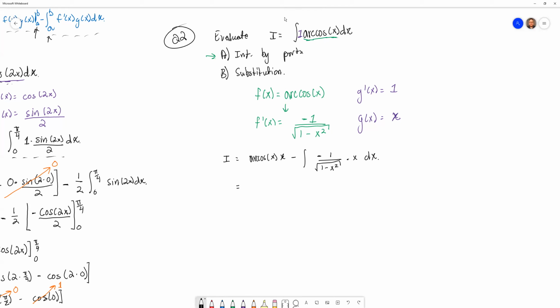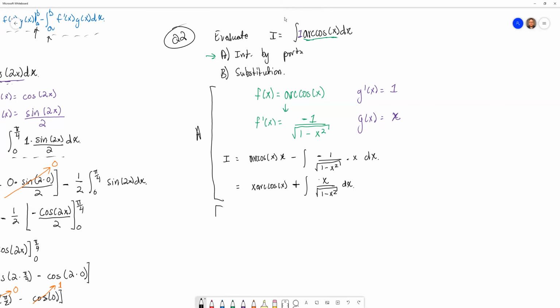So this will be x arc cos of x minus the integral of, the negatives actually combine together, so positive x over the square root of 1 minus x squared dx. Okay, and so we have done part A.